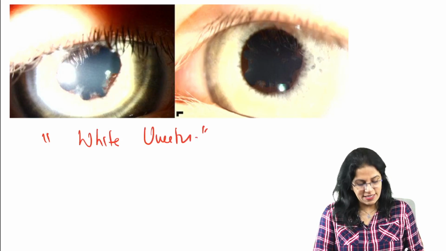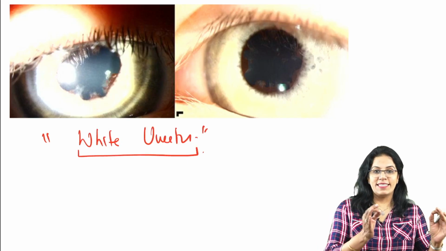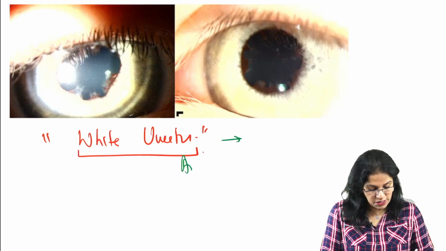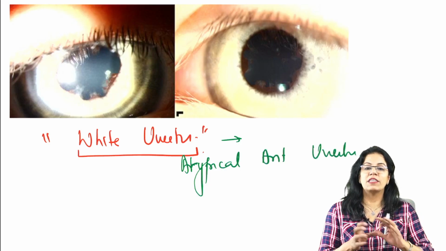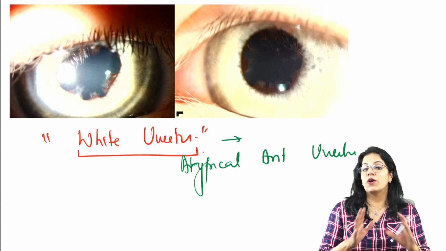What is white uveitis? White uveitis is atypical anterior uveitis, where those typical features of anterior uveitis are not present. To make life simple, just learn the 5 fingers: pain, redness, photophobia. The child generally is not going to present with these.